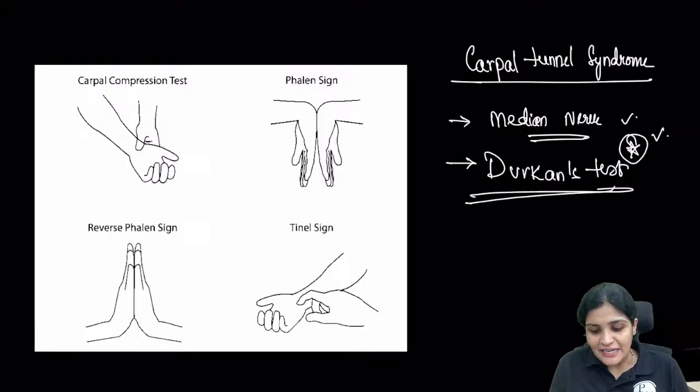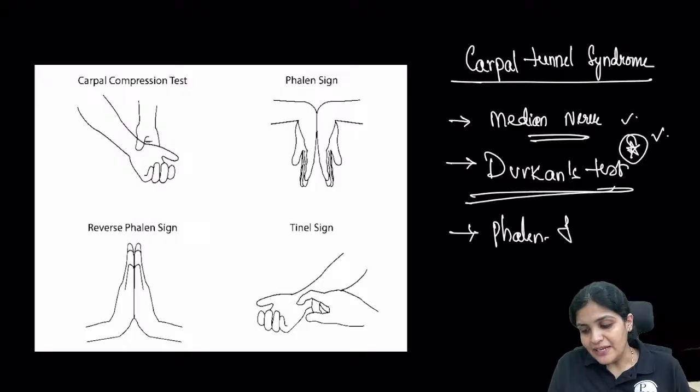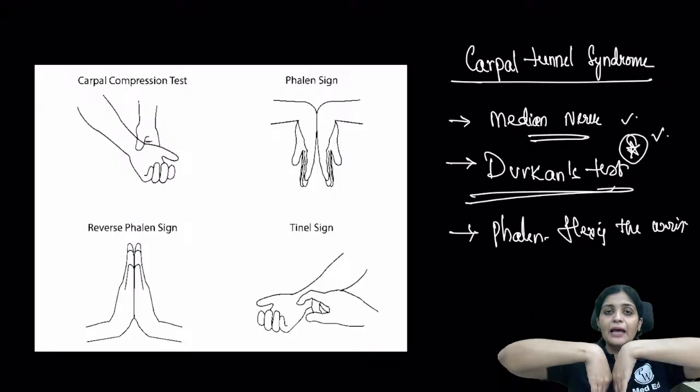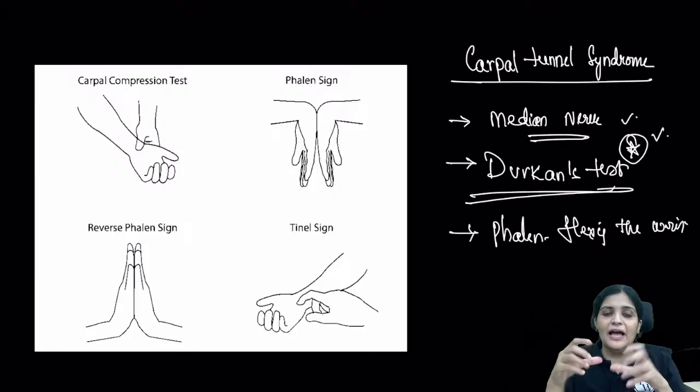And then we have Phalen's sign. This is Phalen's sign, and what is it? You're flexing the wrist. This is the provocative test. You're compressing the carpal tunnel, and with this compression on the median nerve, you will have tingling and numbness in the 3.5 fingers.